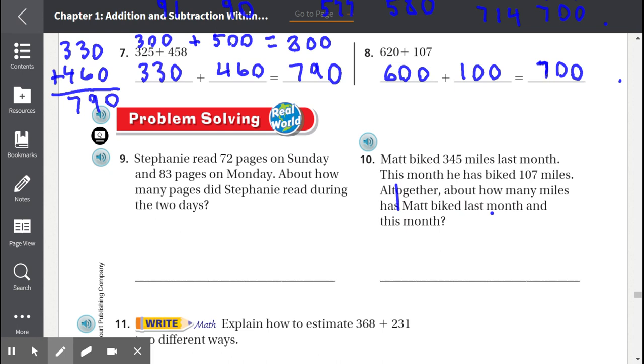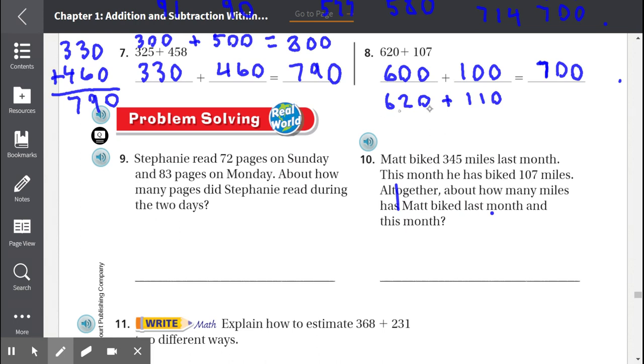But if we would round 620 to the nearest 10, it would stay 620. And if we would round 107 to the nearest tens, it would be 110 because it would be between 100 and 110, but it'll be closer to 110.